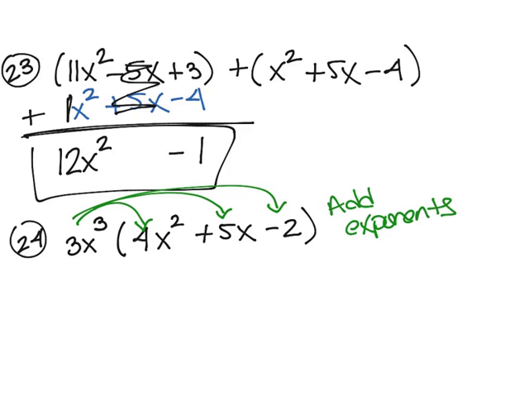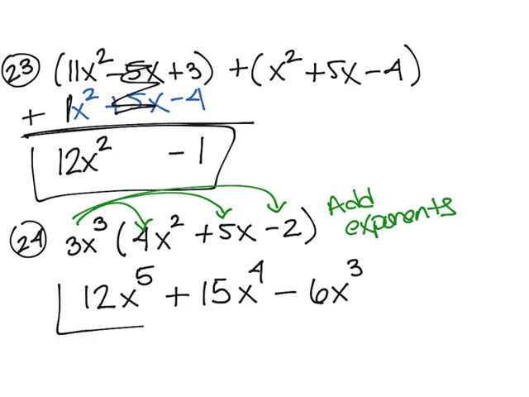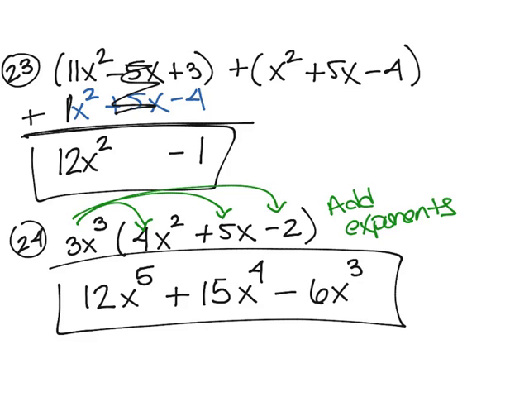So that's going to give us 12x to the 5th, right? Plus 15x to the fourth, good. Minus 6x to the third. Very good. Y'all see that? Okay.